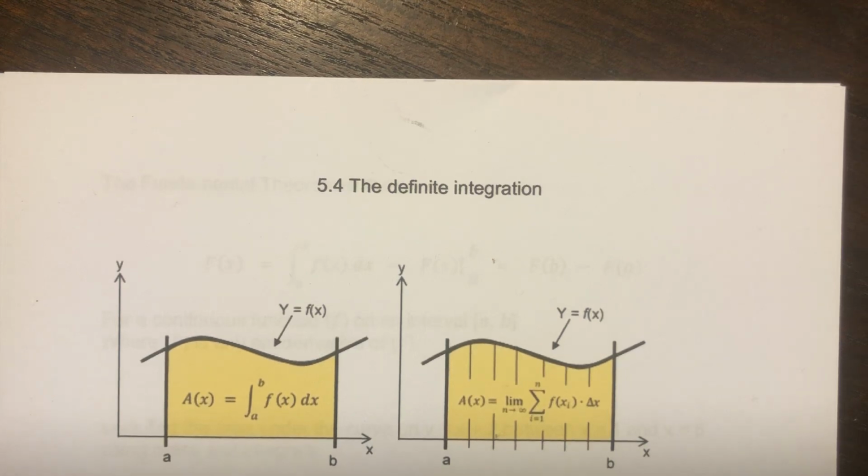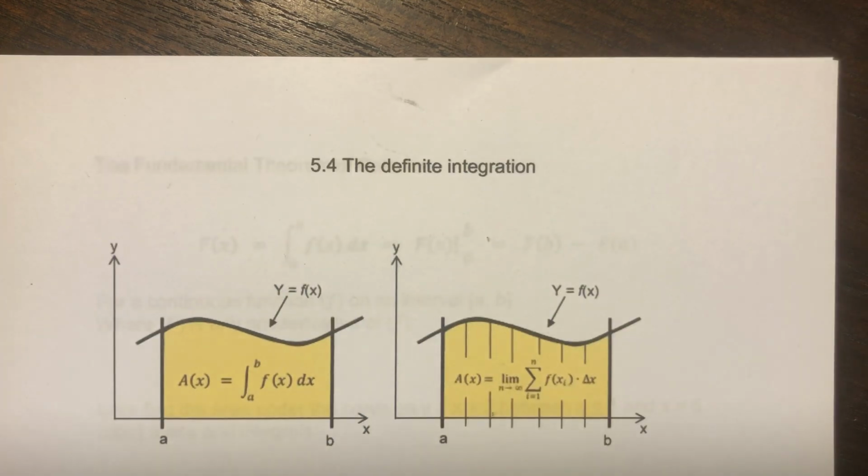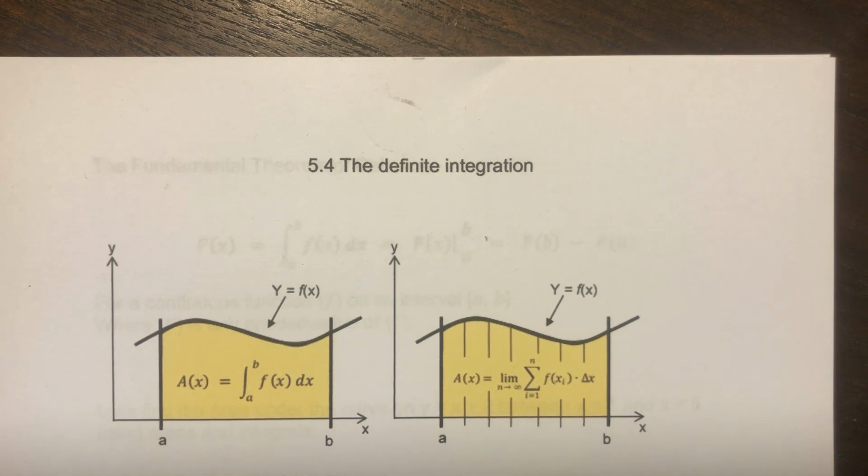All right, class, here's section 5.4. As I mentioned in my previous video, I have posted section 5.3, but we are really not required to cover that. In case you are interested in more on these Riemann sums that we're going to be talking about in a minute, I'll try to give you an overview of section 5.3 here.